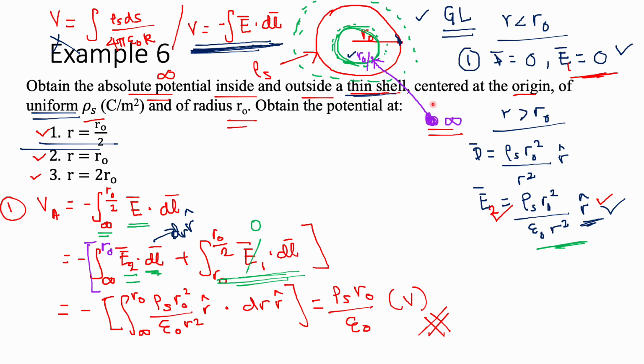The environment here, if you look, r is larger than r naught, so the E field will be E2. Whereas after that, from r naught to r naught over 2, the environment is inside the sphere, so r is lesser than r naught, so instead of E2, it is E1. So be careful with this.